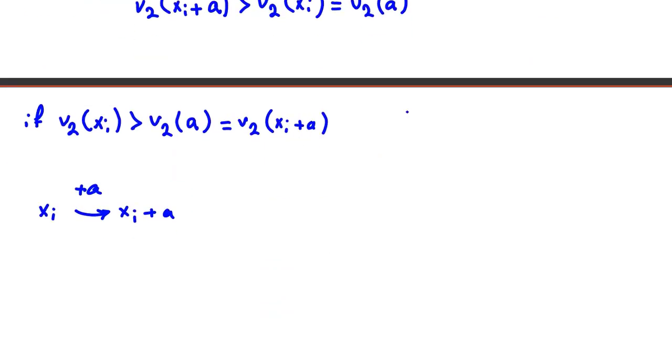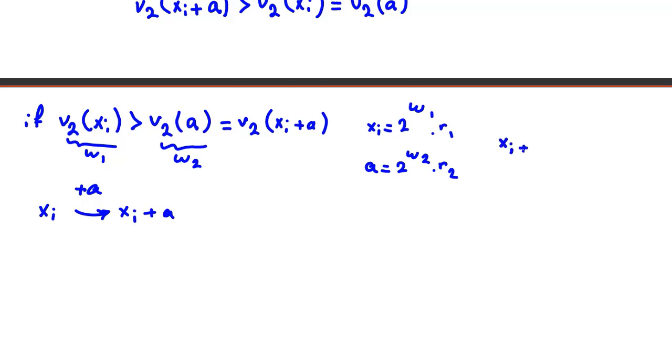And so let me tell you the reason. For example, suppose this one is w1, this one is w2. So v2 of xi is 2 to the power of w1 times r1. Without loss of generality, consider r1 because it's not related to the previous one. And a, for example, is 2^w2 times r2, where r1 and r2 are odd.